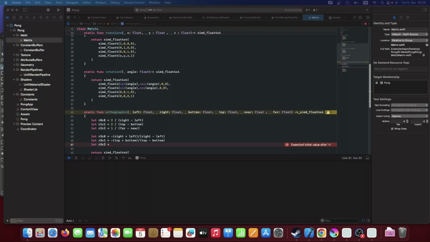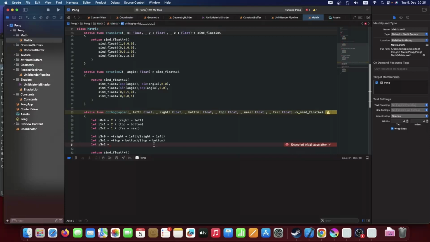I'm not going to do it all over again, so I do encourage you to try it. But at the end, it should be minus near over far minus near.